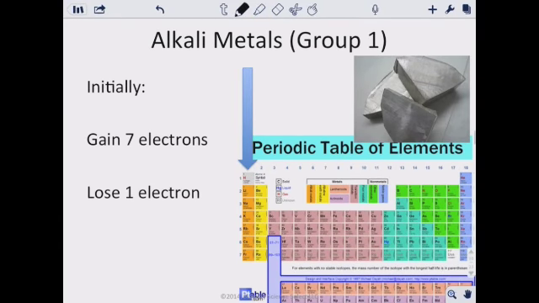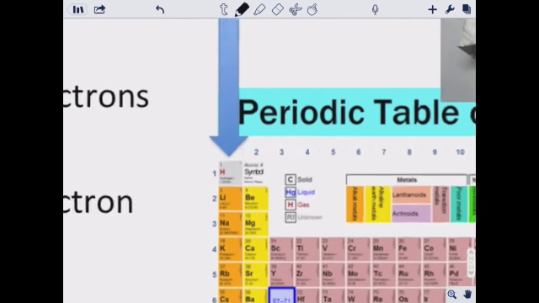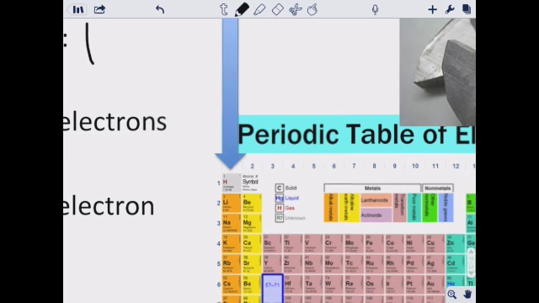And that's our first group that we're going to talk about, the alkali metals. They're over here, group 1 on the periodic table, and initially, they only have 1 valence electron. If we're looking at it, it has 2 choices. So we'll take sodium, for instance.